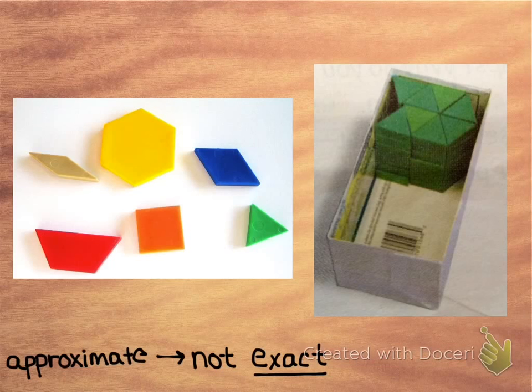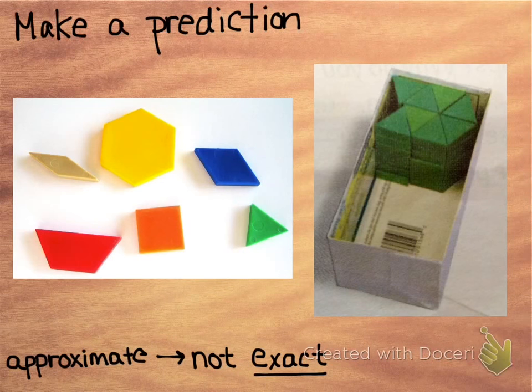To make sure we are measuring the volume of this rectangular prism as accurately or correctly as possible, we need to pack in the pattern blocks as tightly as we can and make sure to not have too many gaps or overlaps. I want you to make a prediction.